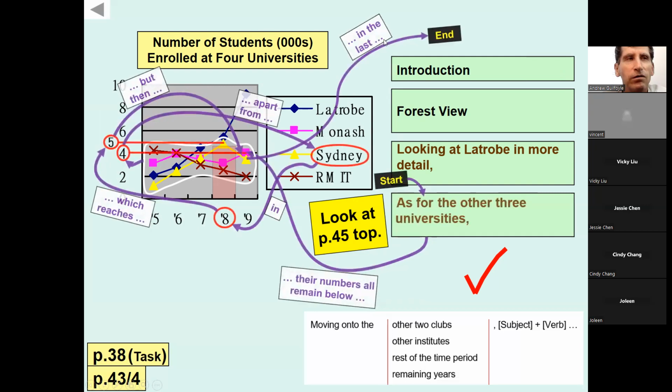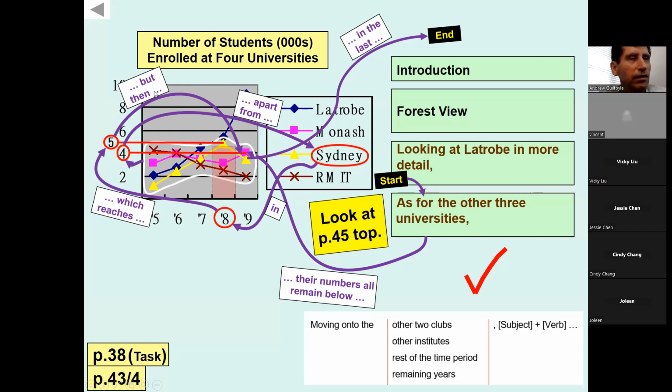Okay, Vicky, can you say that? Okay, as for the other 3 universities, their numbers all remain below 4,000, apart from Sydney University in 2008, which reaches 5,000.